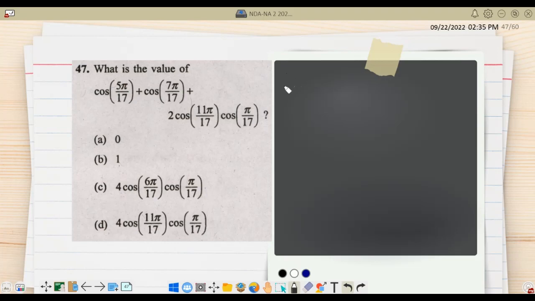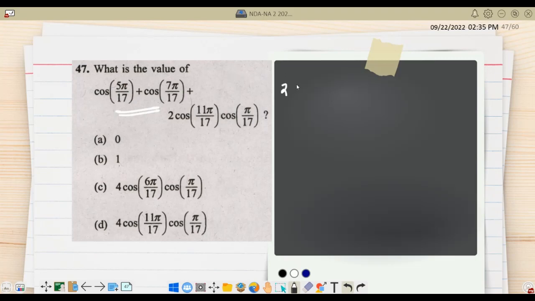So 47. Just by using some trigonometric ideas, we can solve this. So first we are going to do this. Cos 5 pi by 17 plus cos 7 pi by 17. Cos A plus cos B formula, that is 2 into cos (A plus B) by 2 cos (A minus B) by 2.